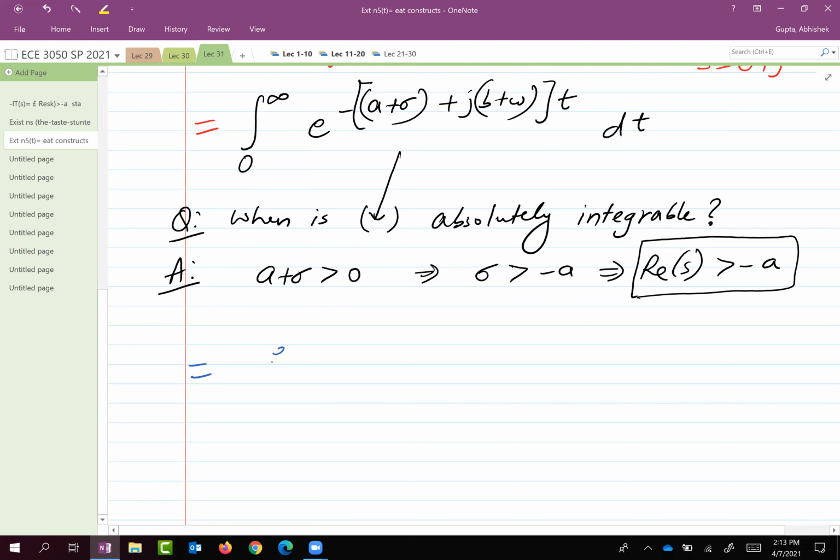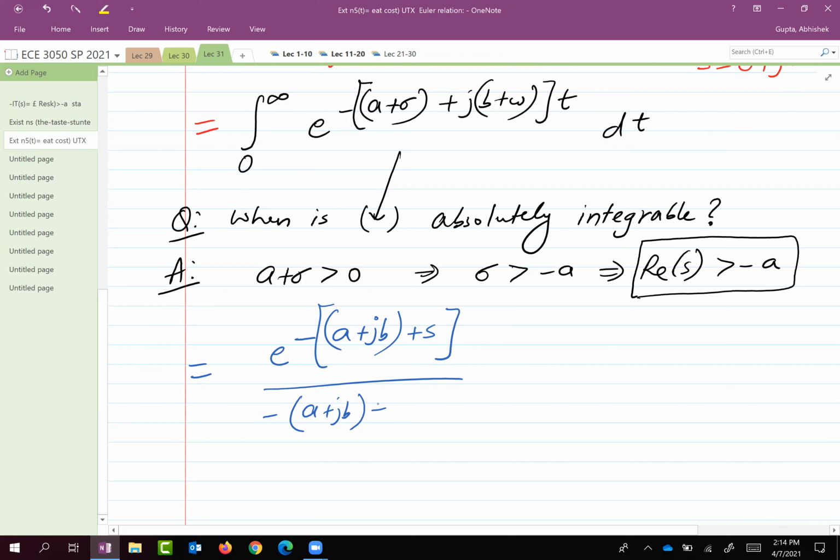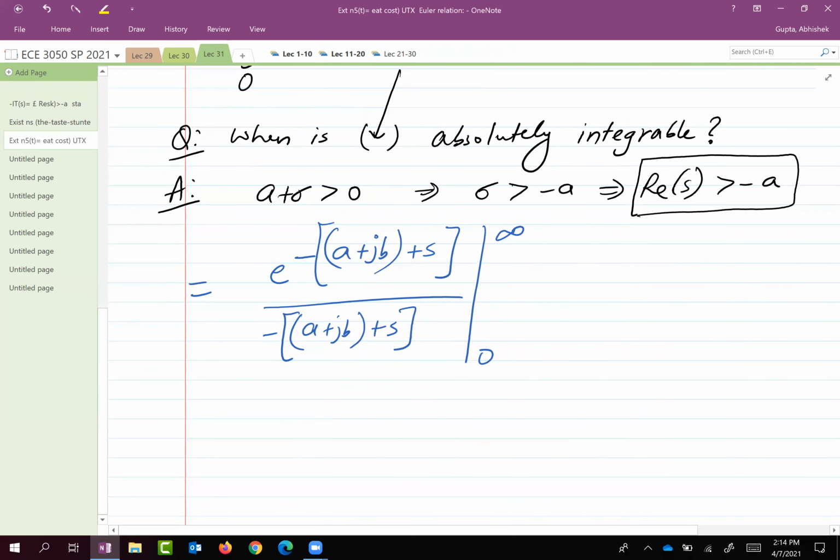I get e raised to negative a plus jb plus s t over negative a plus jb plus s, evaluated from 0 to infinity.